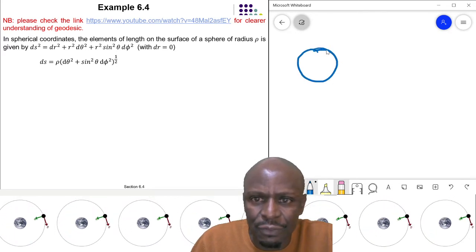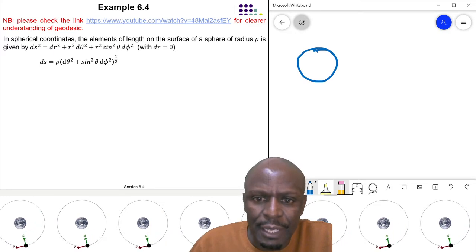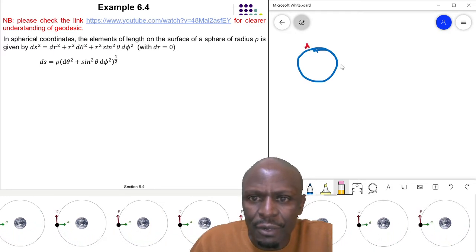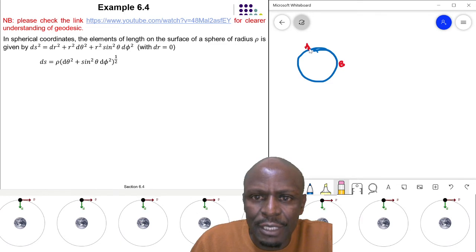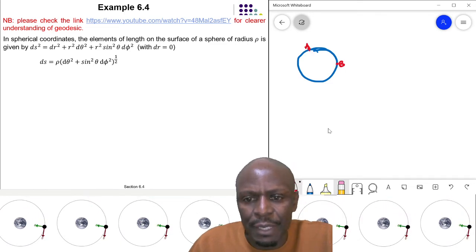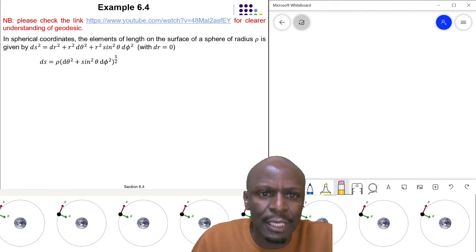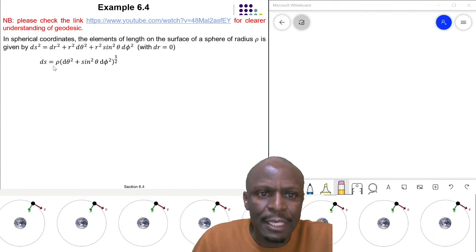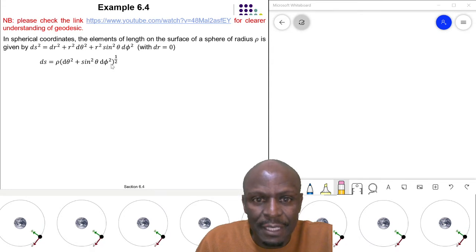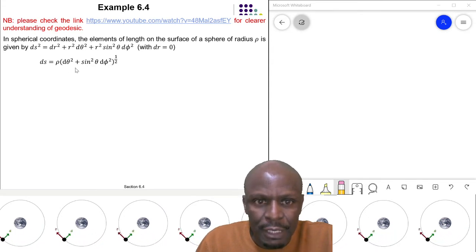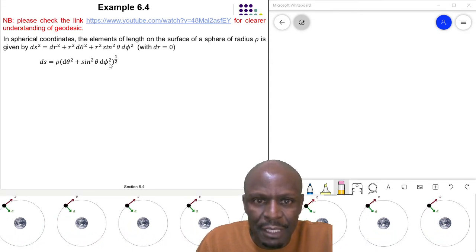If this is your sphere, and you have point A and also point B, we want the shortest distance from point A to point B. So I want you to watch that. Now, if that is the case, ds is just going to be given by this equation here.